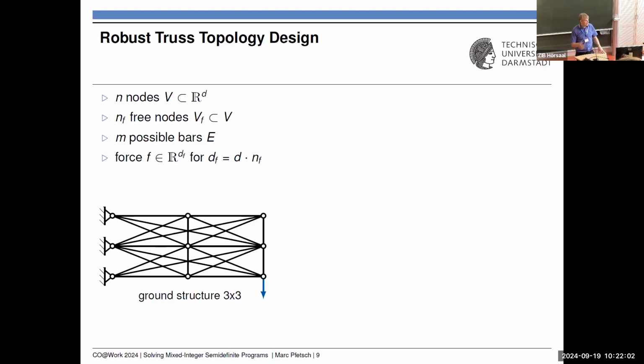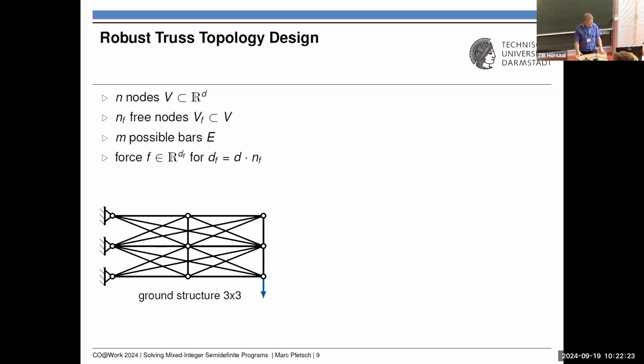And so notation, so we have n nodes, these are these little circles, and we have n_f free nodes. These are the ones that can move, so they are not attached to the wall. And then we have m possible bars. These are bars that you can choose from, okay? So that's the design task.